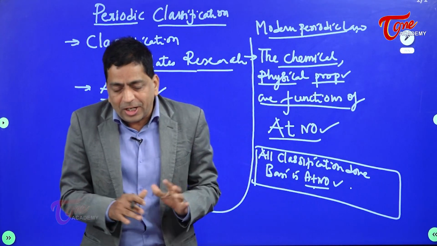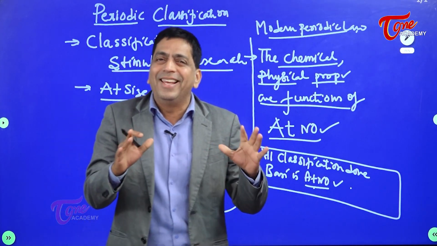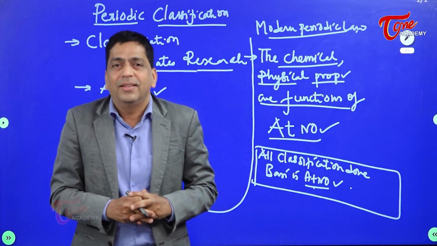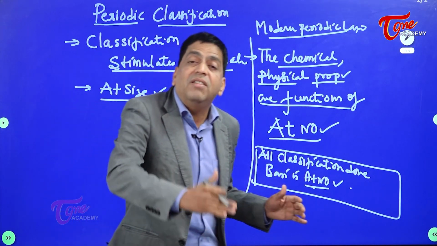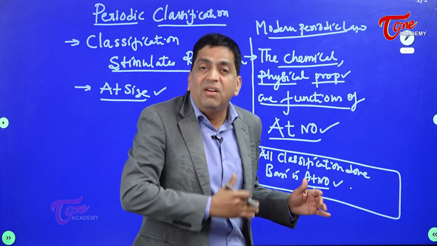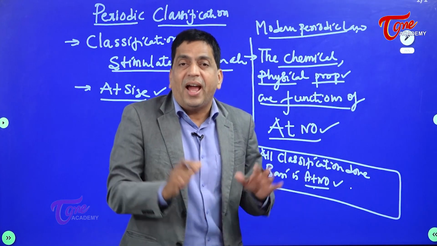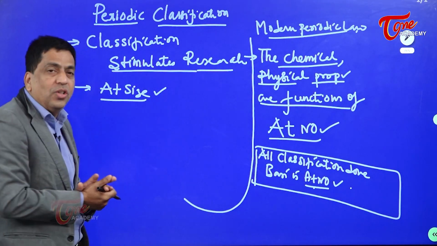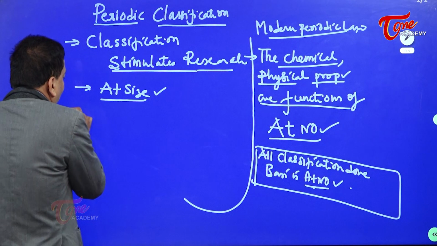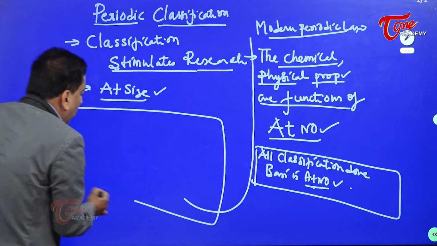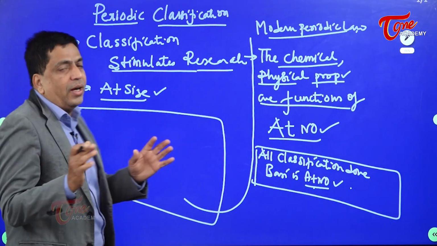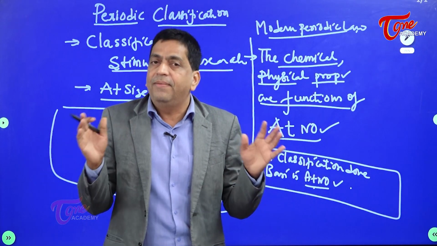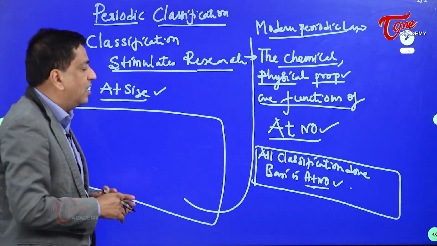Now you understand that I was telling you an atom has infinite number of shells, infinite number of orbits. In periodic classification, as the name tells you, here I highlight what I'm telling, and this also forms the basis for the classification.